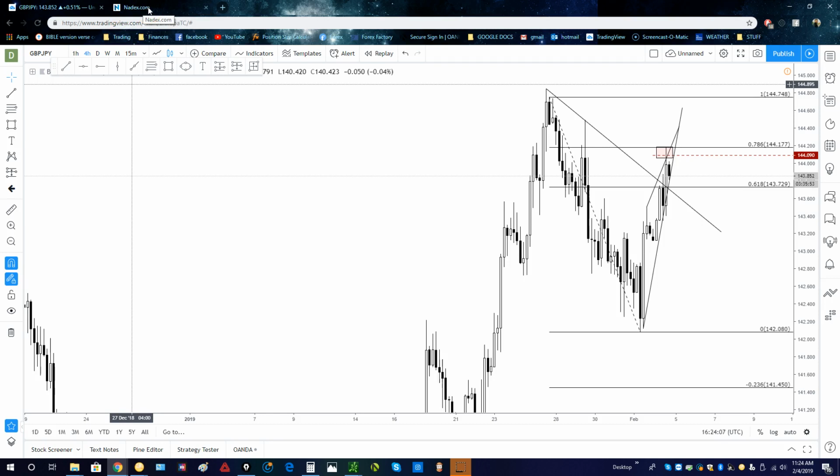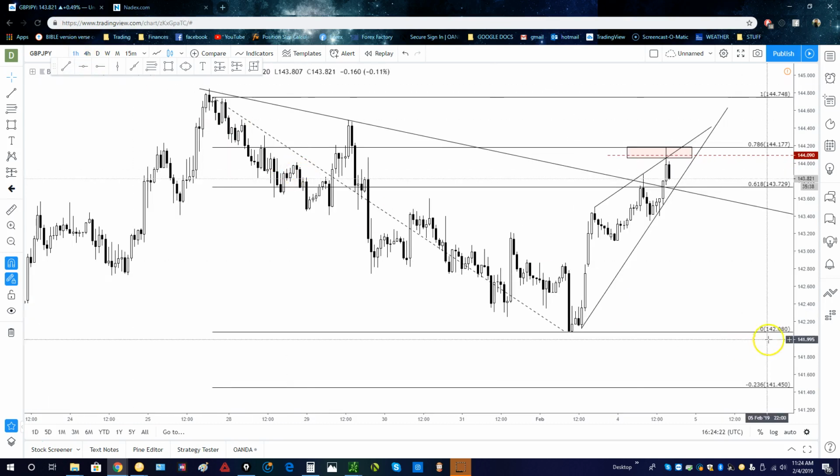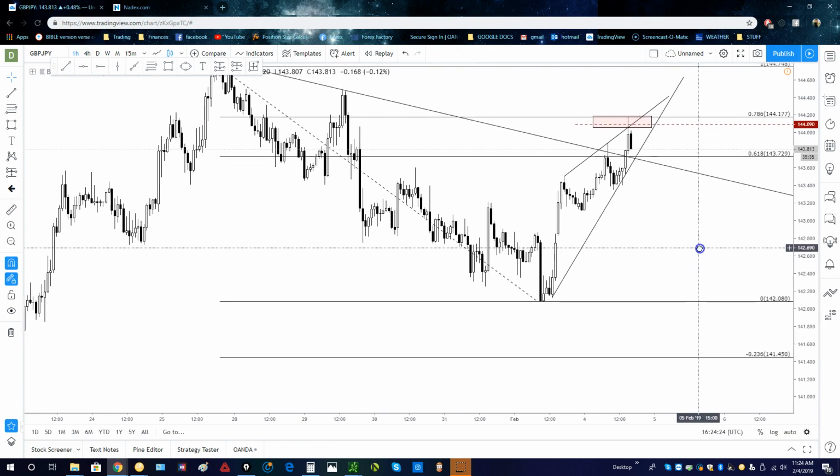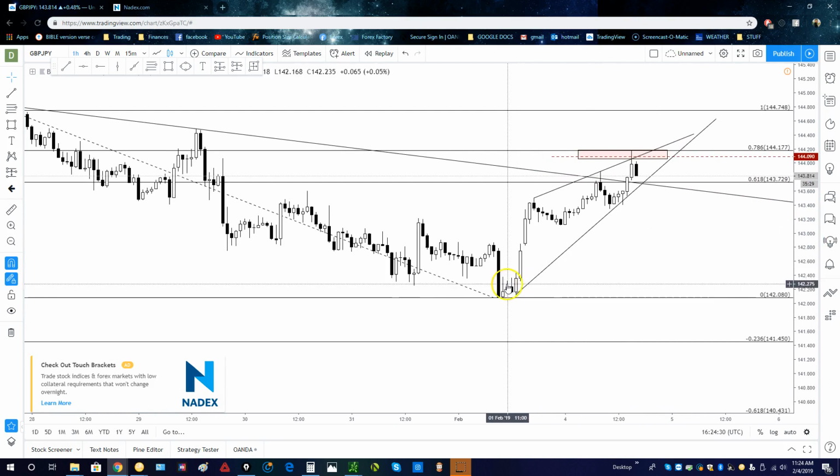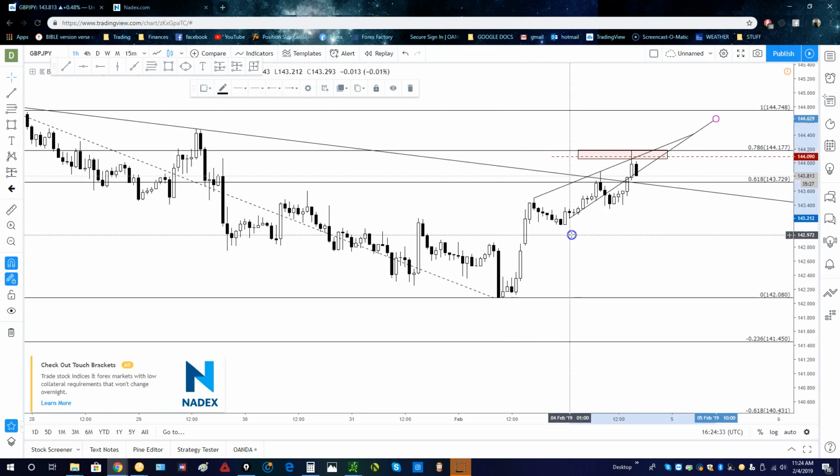Now, I took a trade just within the past hour on the pound yen, typically a very volatile pair, bullish or bearish. So I wanted to take advantage of those quick volatile movements on this pair. I have some confluence areas up in this area here, and I'm looking for price to retest this trend line.